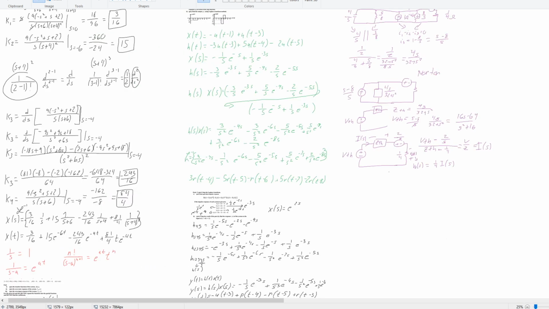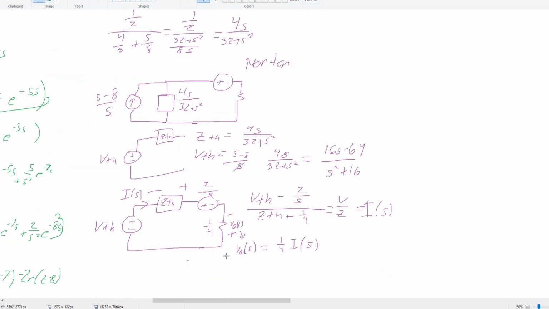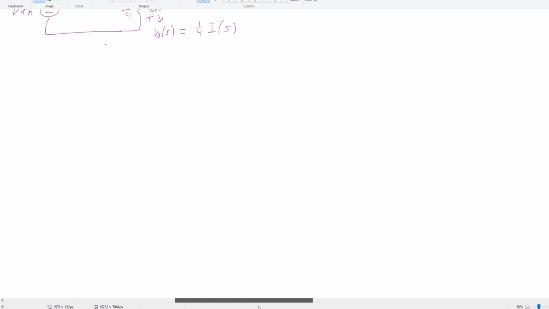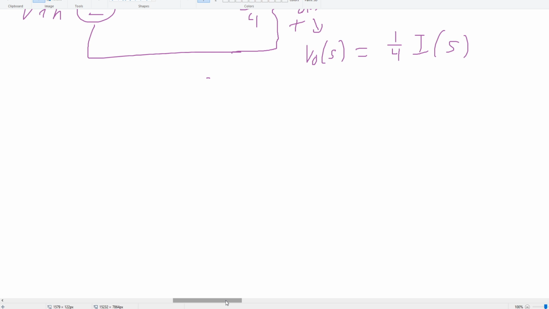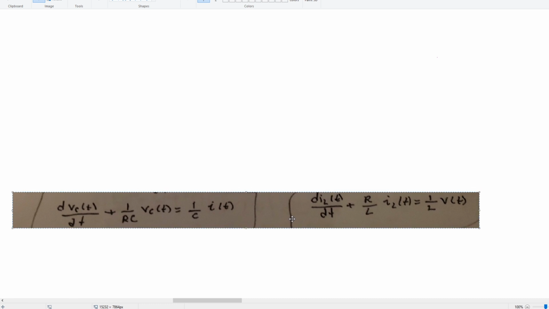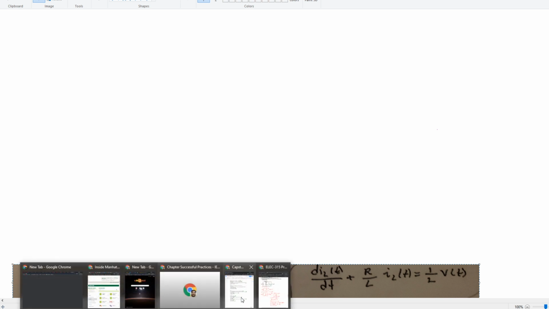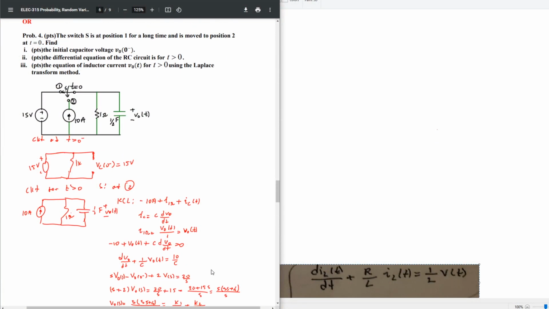So let's go over here. Yeah, I would say this is not a bad problem. I'm gonna have to bring this down. So we're gonna start with the capacitor one, because I don't remember if I know how to do the inductor one.